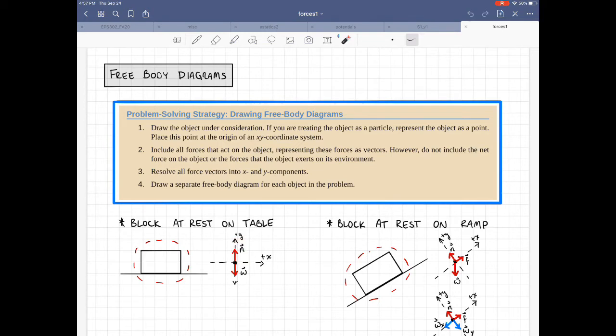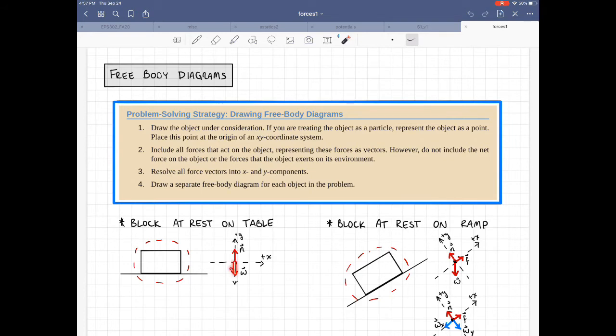Now, remember, most of our forces require contact, but there's one that doesn't require contact, and that is the force due to gravity, or the weight. This block is near the surface of the Earth, so there is a force down that's equal to the weight of the object, or the force due to gravity, based on the fact that the Earth is near the block.